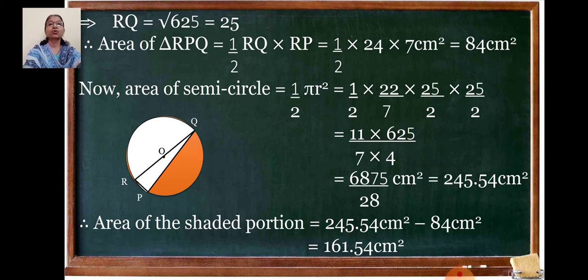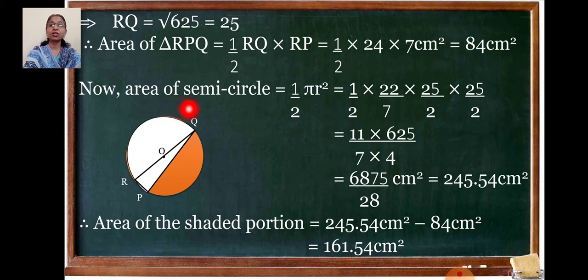So first of all, let us calculate the area of triangle RPQ. It's a right angle triangle, so the formula is half into base into height. Substitute the values: half into 24 into 7. On simplification, you will get 84 centimeter square. So this is the area of triangle RPQ.